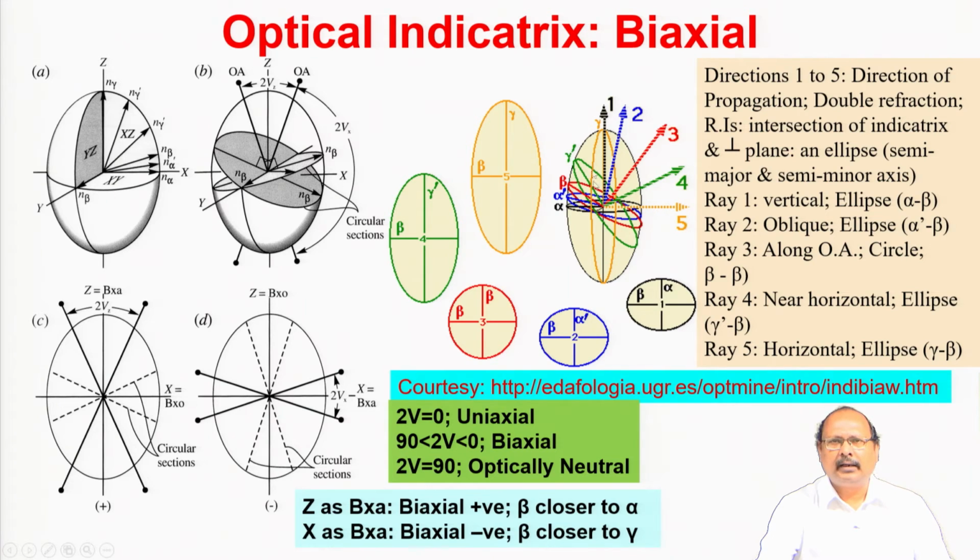When the direction of propagation is, say for example, along X, then you can cut this particular section and intersect with the triaxial ellipsoid, you can have ellipses of different shapes, and in some cases, when you are at 3, you will have the circular section of the indicatrix here.